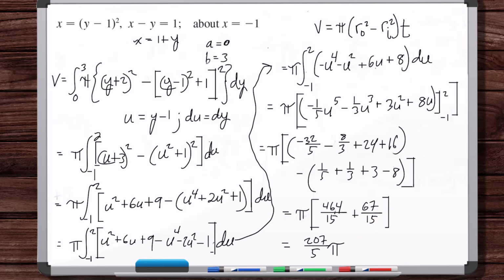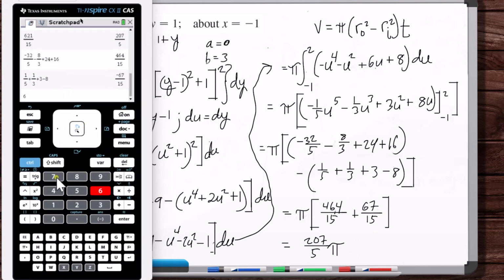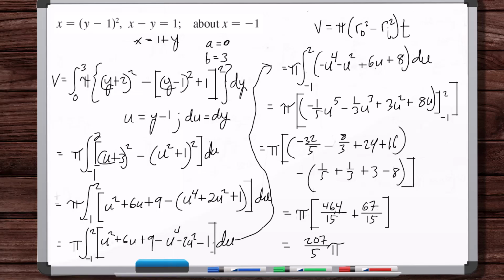All right, 67 plus 464 divided by 15 is 177 over 5. It still is not what the textbook is saying. The textbook's saying 117, so I guess I'm just getting tired on this last example, but we're getting closer.